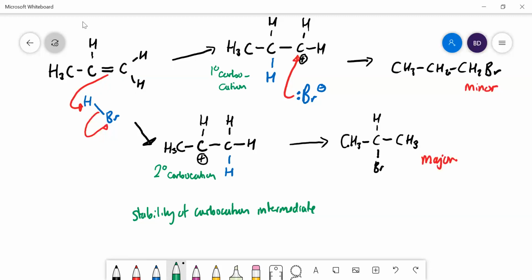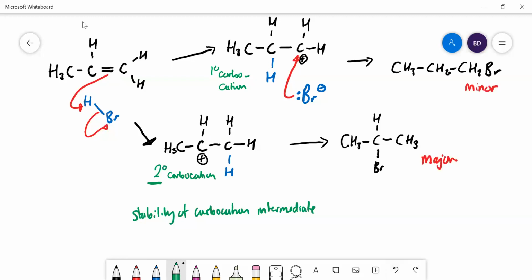The way you characterize these is this is a primary because if you look at the positively charged carbon, it's only attached to one other carbon. That's why it's a primary carbocation. Whereas this one is a secondary carbocation, because the positively charged carbon here is attached to 2 other carbon atoms.